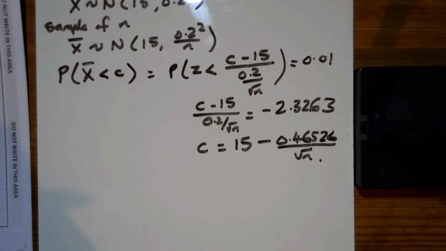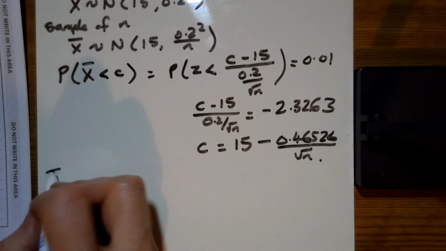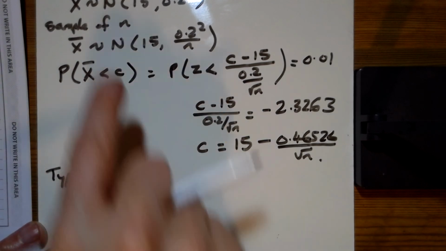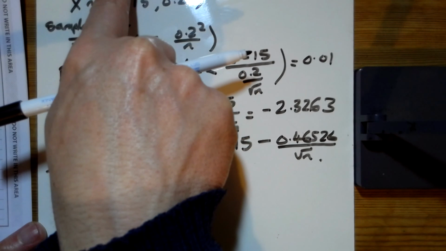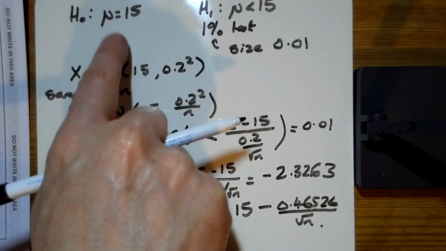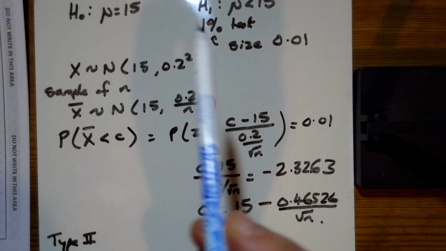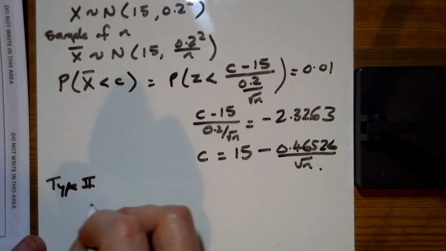Right, deep breath as we go on. So a type 2 error. A type 2 error is we stay with this, isn't it? A type 2 error is we incorrectly accept H0.